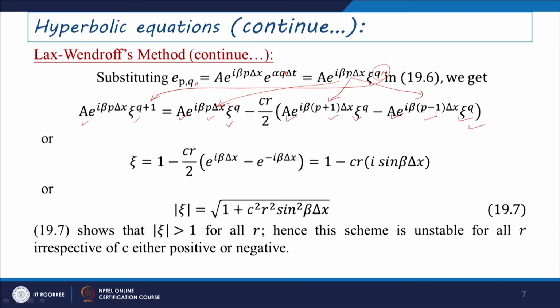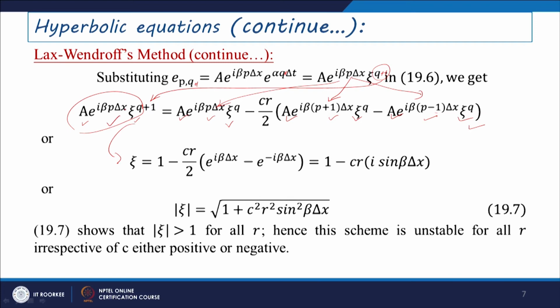Hence, we can cancel out on both sides the terms containing a e to the power i beta p delta x zeta to the power q, and we can obtain this reduced form, since we are taking common on both sides and cancelling this total term.